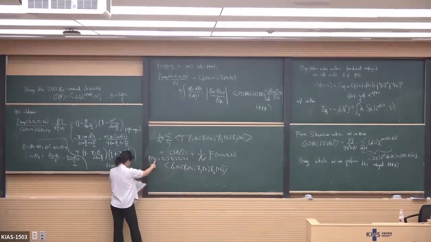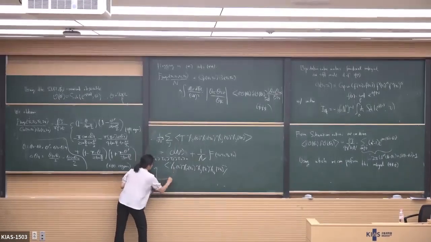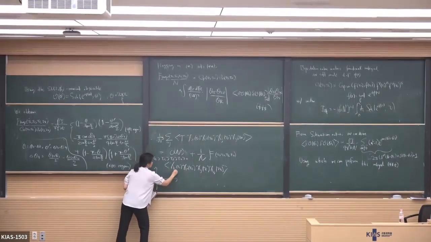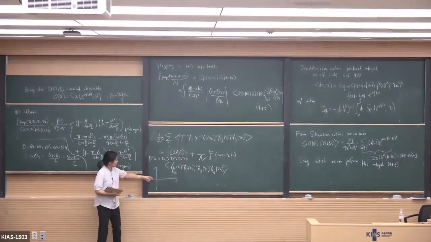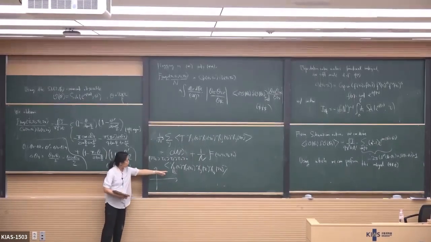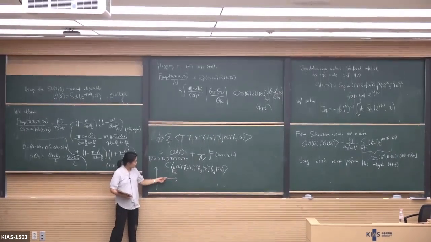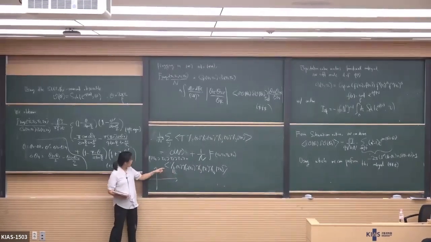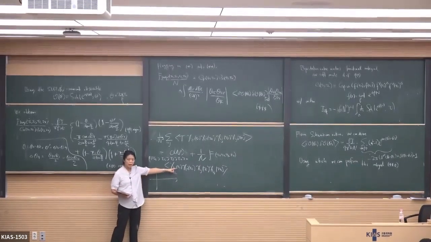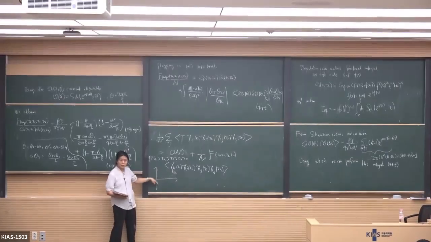So if I just draw a picture in the complex t plane, so in the complex time plane, right? The real axis corresponds to real times, and the Euclidean time tau corresponds to the imaginary axis, right?